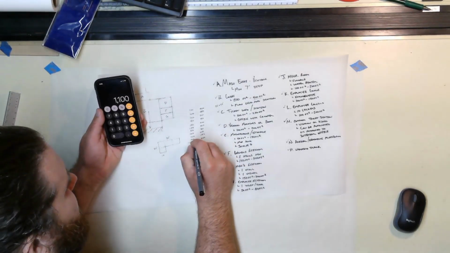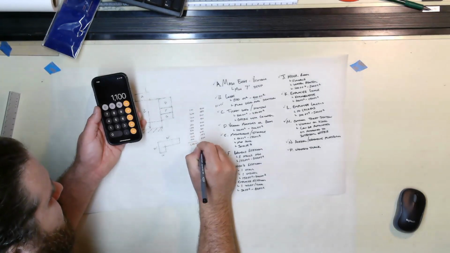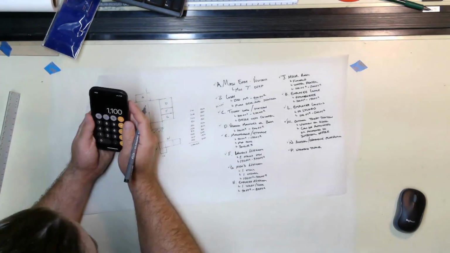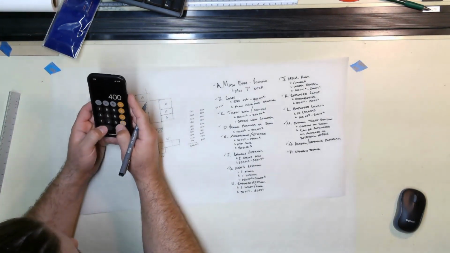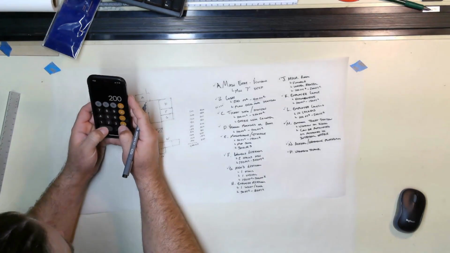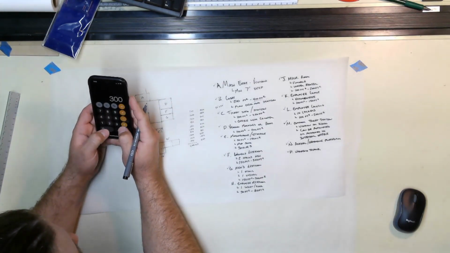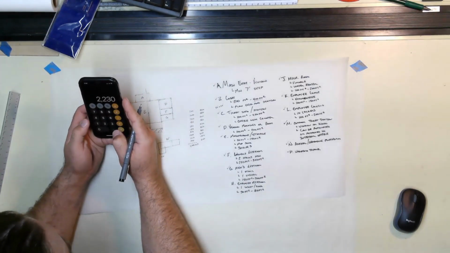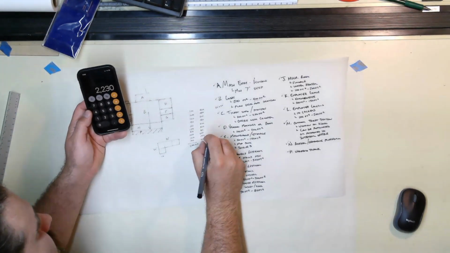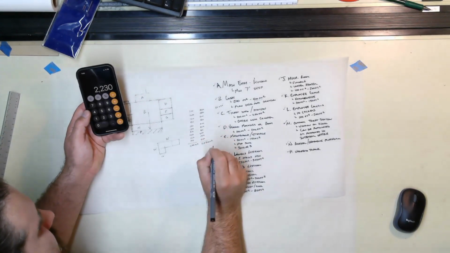So the small side, you're really looking at an 1,100 square foot building. It's pretty small. On the high side, you're looking at 2,300 square feet.